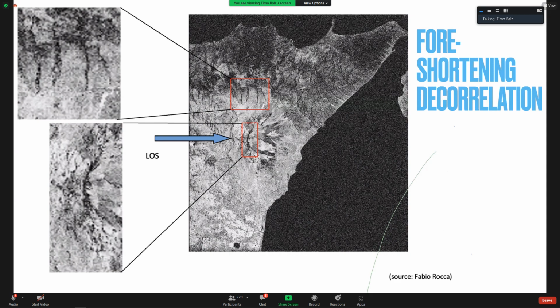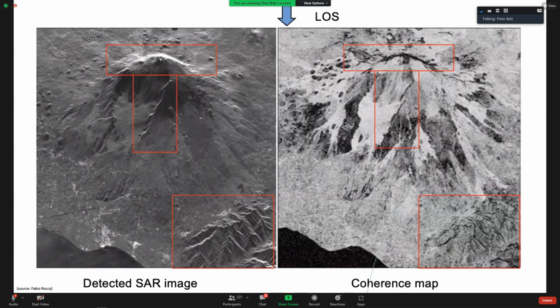So if you have such a steep mountain, we may find that we see decorrelation in that mountainside area, especially on the steep sides of them.